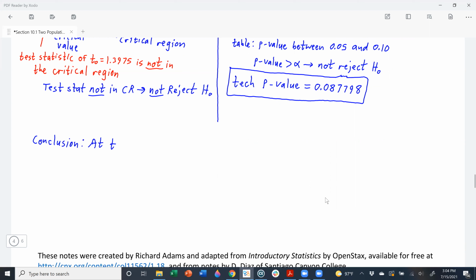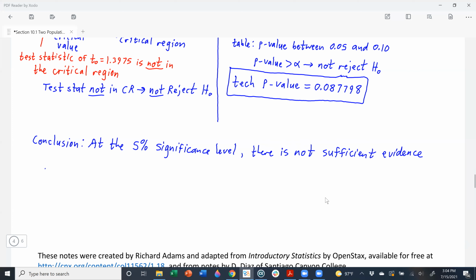So at the 5% significance level, there is not sufficient evidence from the sample data to support the claim.